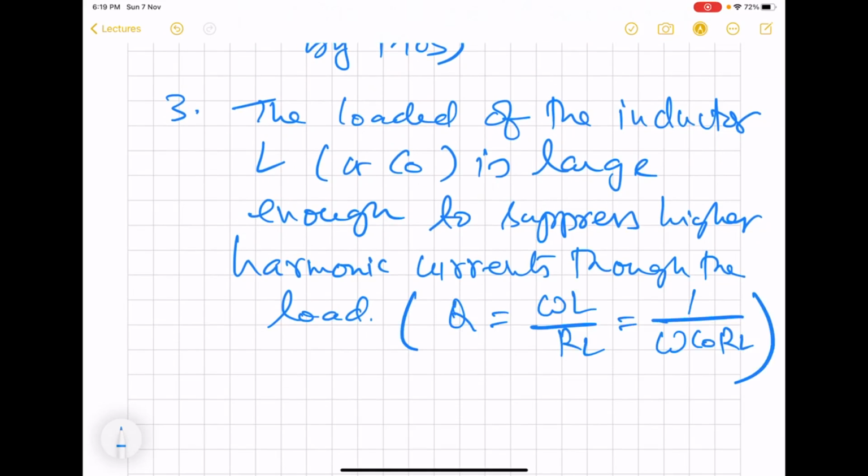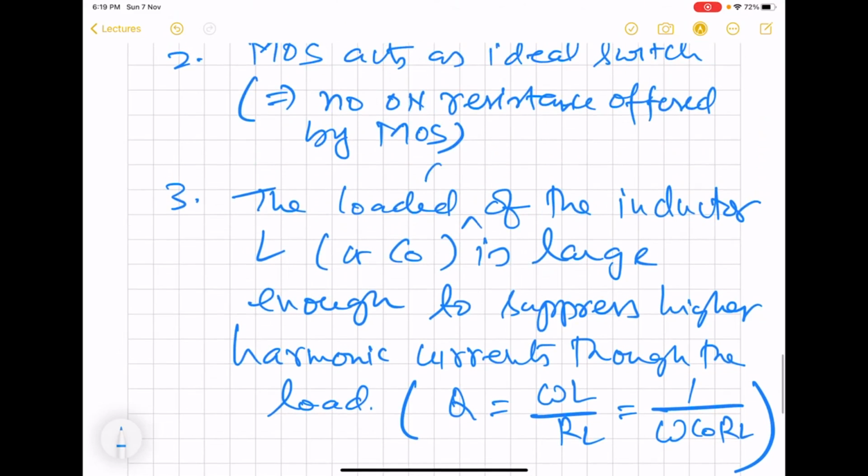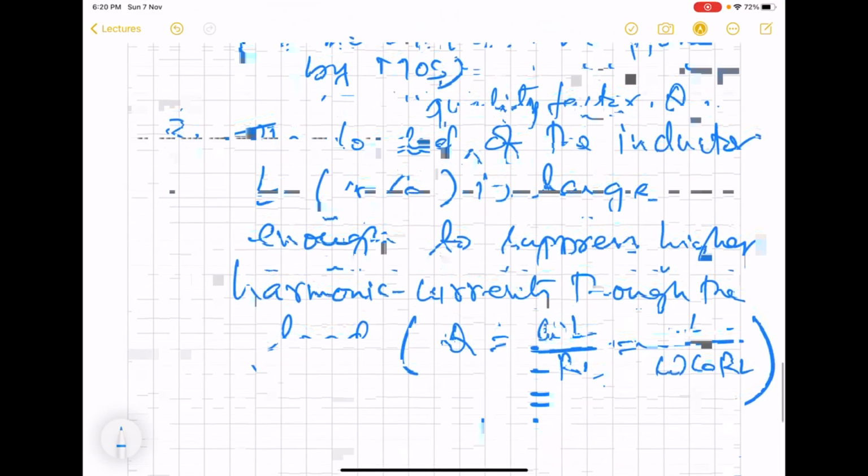Otherwise, if RL represents the loss of the inductor or capacitor, then it would be simply the quality factor of the series circuit. Sorry, here I forgot to write: the quality factor Q of the inductor or C is large enough to suppress higher harmonic currents.